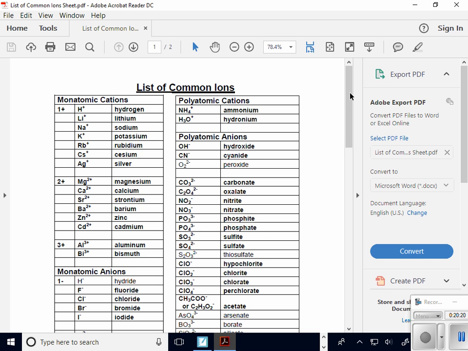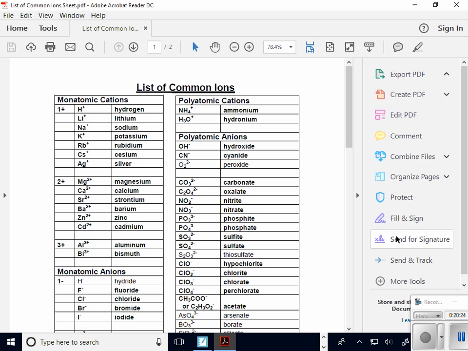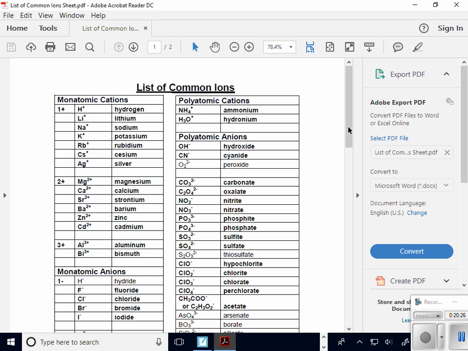That shows the different ions. Thanks, technology, you're killing me here.